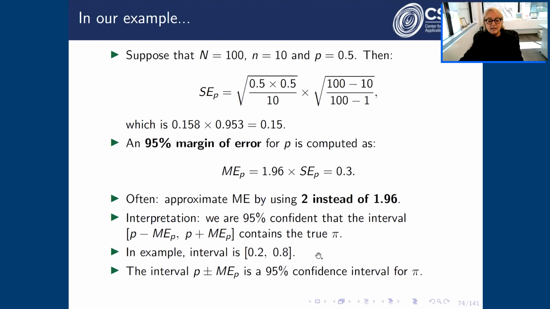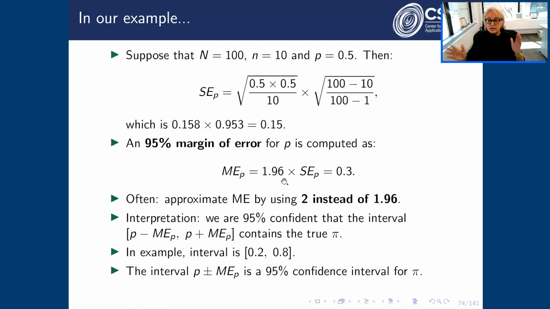So the interval, sample statistic plus or minus margin of error, when the margin of error is computed in this way, is a 95% confidence interval for the population proportion. If instead of a 95% margin of error, I wanted a 90% margin of error, this value 1.96 would have changed to 1.645.